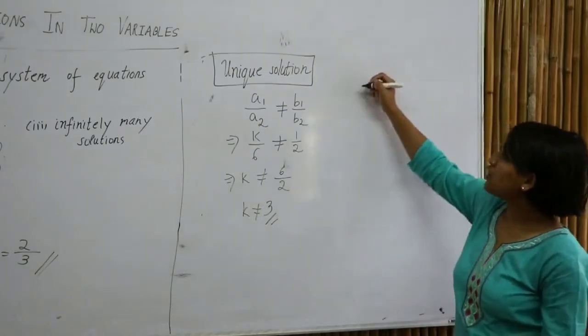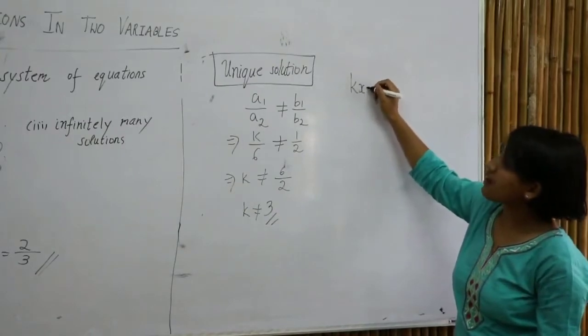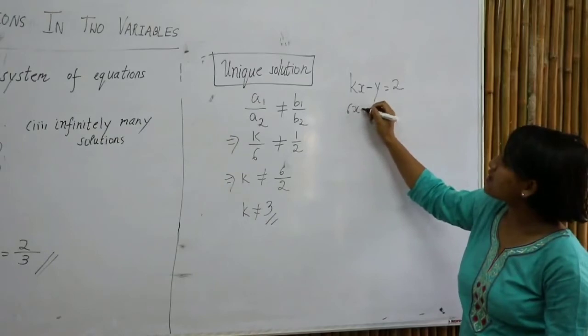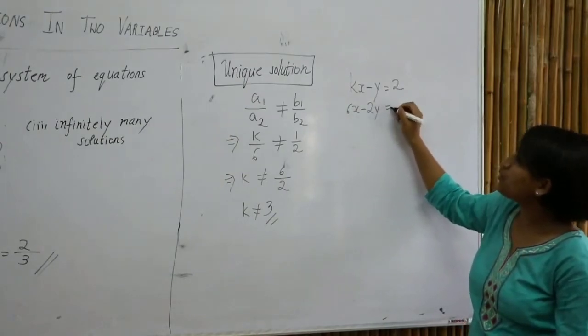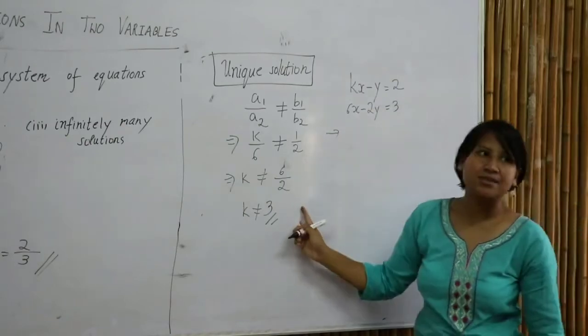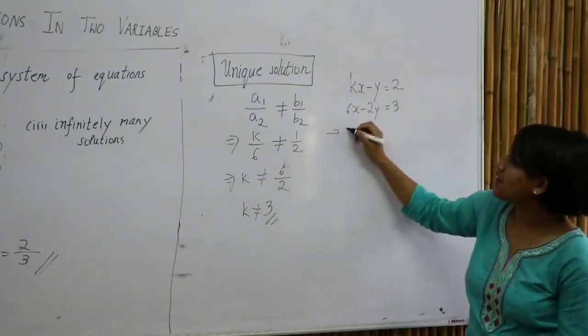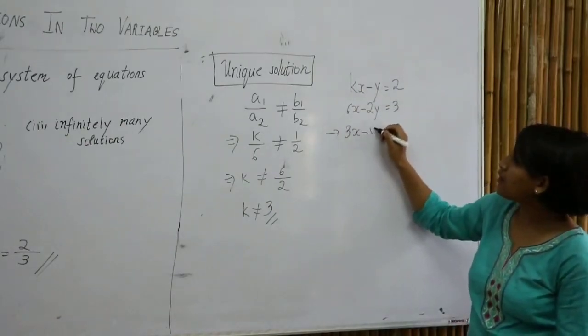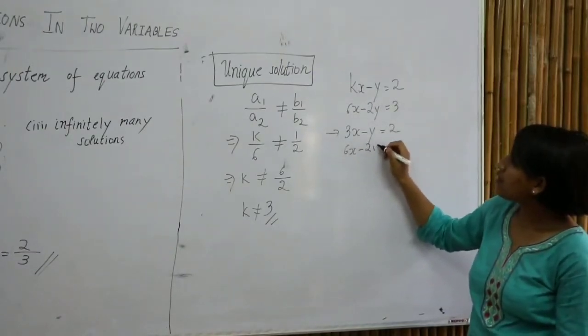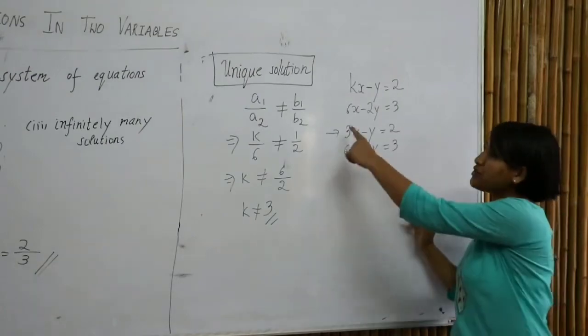Now you take those two equations, kx minus y equal to 2, and then 6x minus 2y equal to 3. Suppose you replace k by 3. Now what do you see?